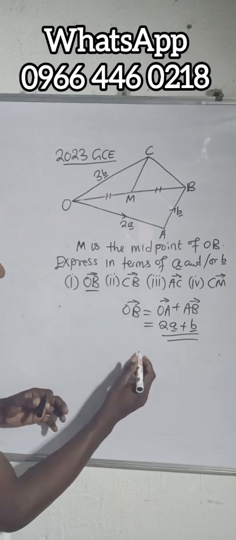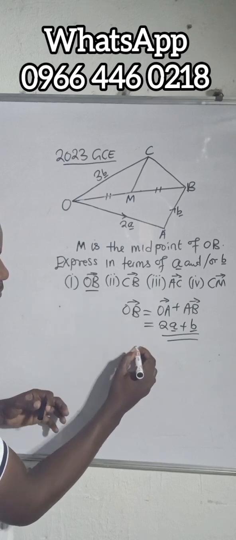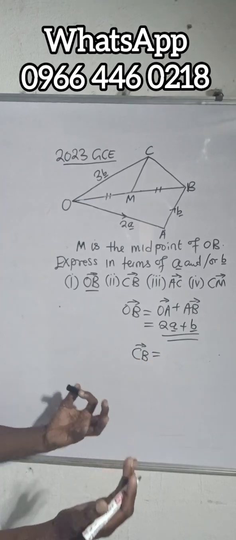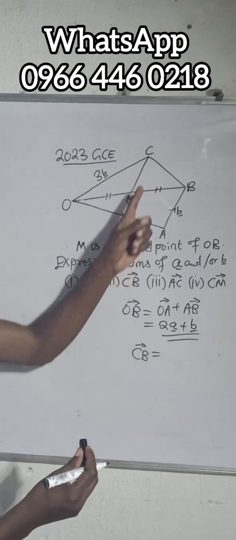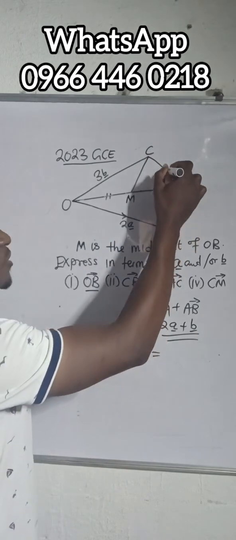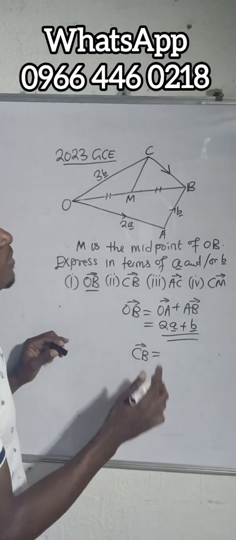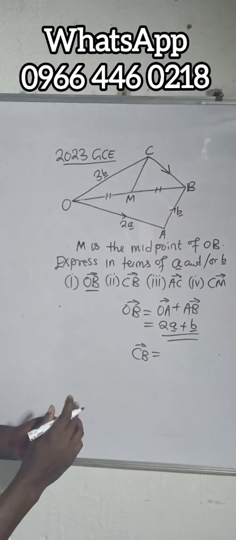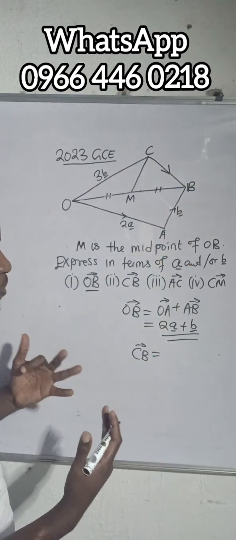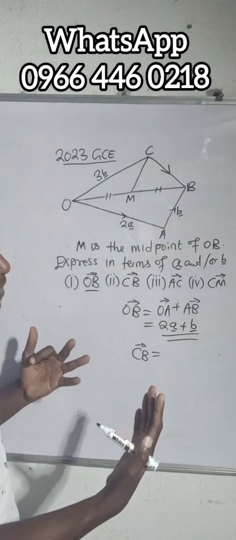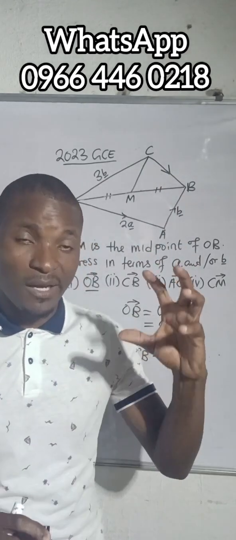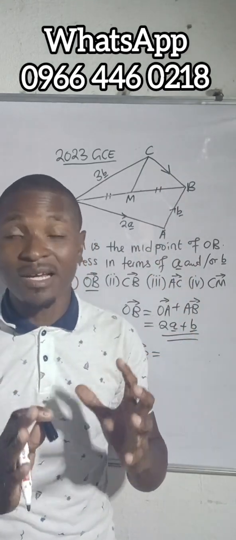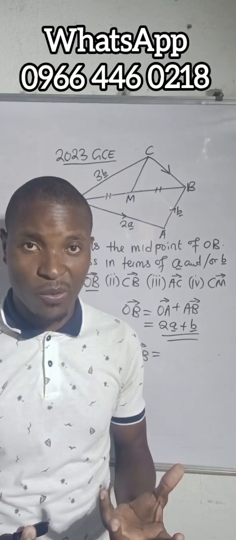Then now for CB, so how do we find CB? So CB is this one, so the direction is from C going to B. That is the most important thing. So now again, I have to look at which other two parts, if I have CB, are going to form a triangle, okay?